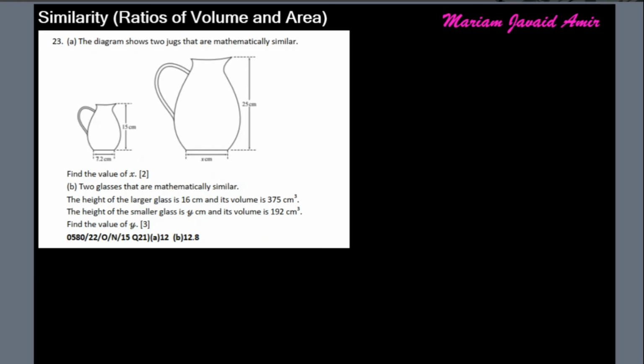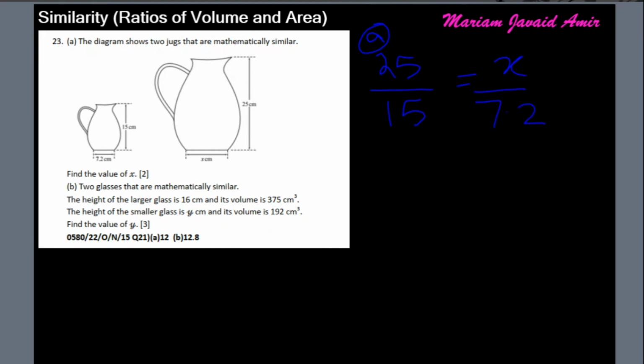Question 23a. The diagram shows two jugs that are mathematically similar. Find the value of x. So we're doing part A: 25 over the corresponding side 15 equals x over the corresponding side 7.2.